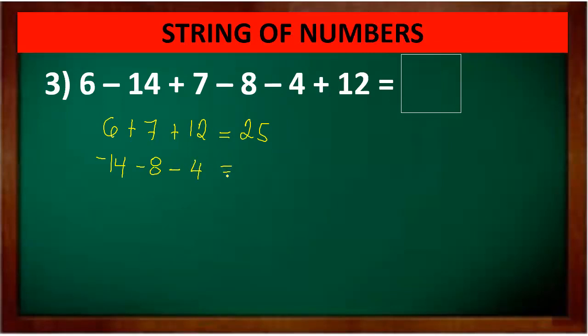Okay, when you combine that, 14 plus 8, that is equals to 22. Okay, plus 4, that is 26. You carry the negative sign, that is negative 26. Okay, so proceed. Let's solve. 25 minus 26. That will give us negative 1. So this one equal to negative 1. Okay, very easy, di ba? Madali lang mag-solve ng strings of numbers. So you combine all like signs, then solve.